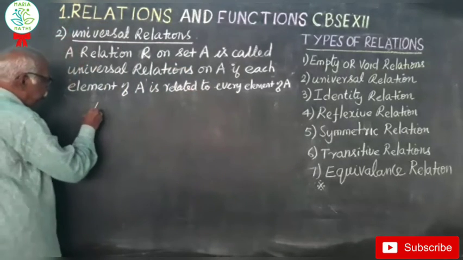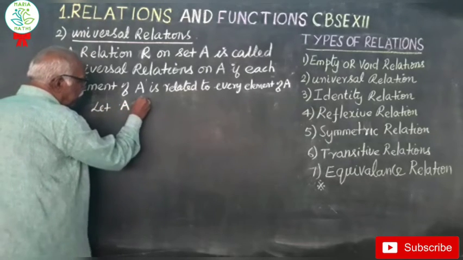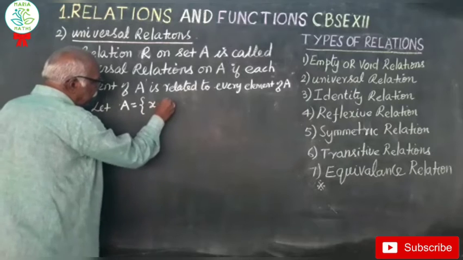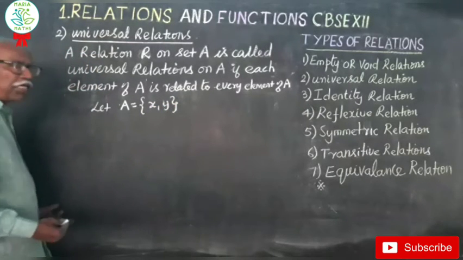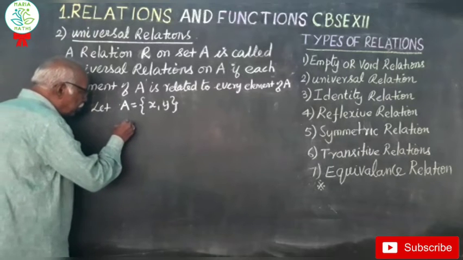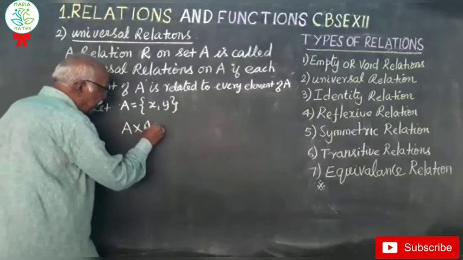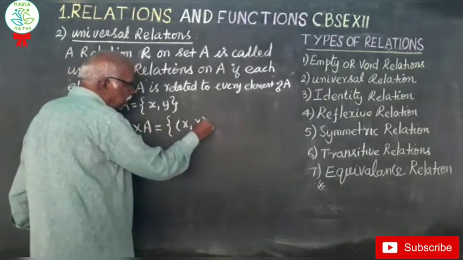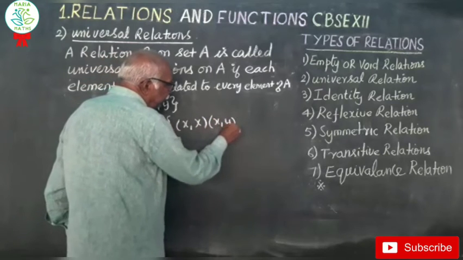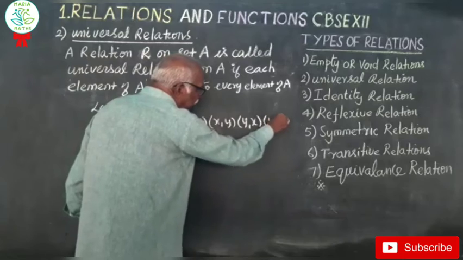Example, let set A equal to {x, y}. What are the possible relations? The possible relations are A cross A equal to (x, x), (x, y), (y, x), and (y, y).